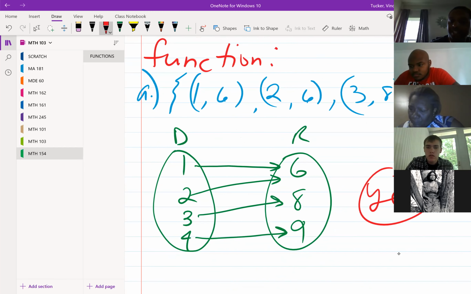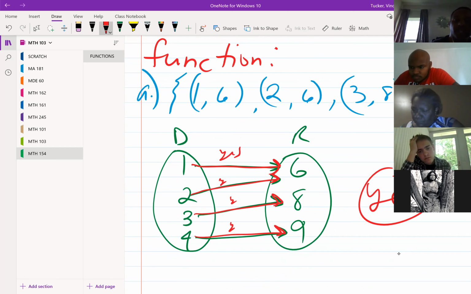Does 1 go to exactly 1 element in the range? The answer is yes. Does 2 go to exactly 1 element in the range? Yes. Does 3 go to 1 element? Yes. Does 4 go to 1 element? Yes. If you're answering yes for all of those, then it is a function.